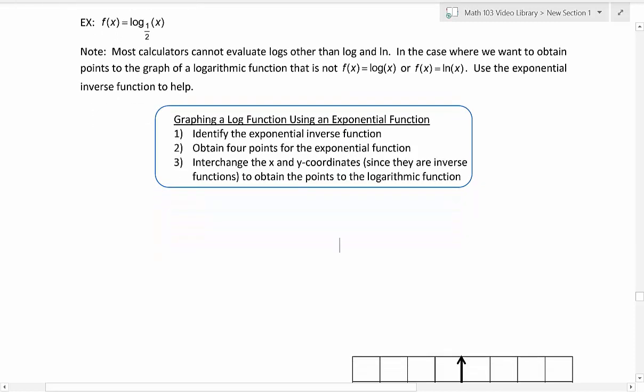Okay, so to graph log base 1/2 of x, I'm going to start with the exponential inverse. And I'm going to clearly denote that it's the inverse so I don't accidentally think this is the graph I'm supposed to be graphing. So f inverse of x is going to be equal to, now the bases are the same, so 1/2, raised to the x power.